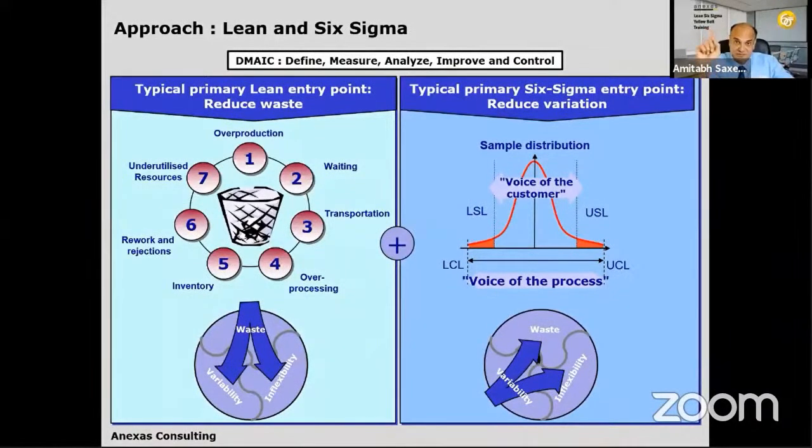If your product or service is consistent, delivering quality consistently, day on day, week on week, or month on month, the customer will trust you. And if you reduce the variation in the process, it will definitely give you more business. The customers will give you more business. So that is what Six Sigma is: reducing the variation so that your defects are reduced and customer satisfaction is enhanced. That was a three sentence definition of Lean and Six Sigma.